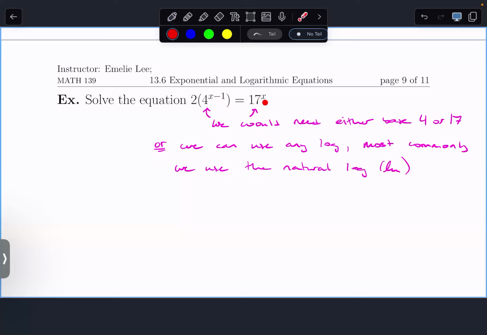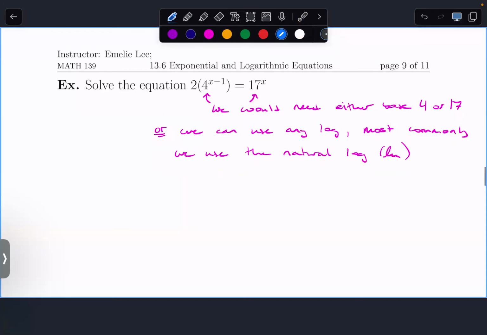But in this case, I have x's in both places, so I'm allowed to just wrap both sides up in a natural log, which is what I'm going to do. So first I'm going to write this out. 2 times 4 to the x minus 1 is 17 to the power of x.